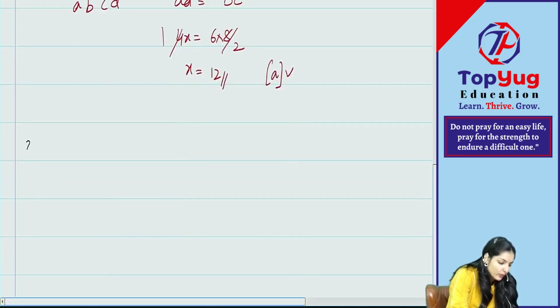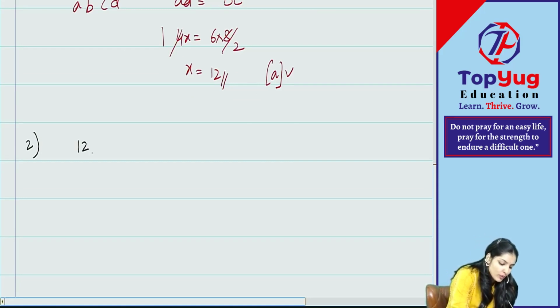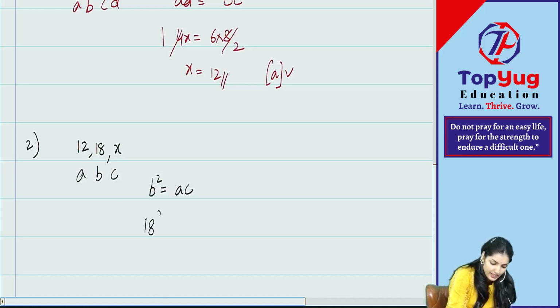Now the second one. The third proportion to 12, 18. So 12, 18, x. We know third proportion means A, B, C, so B square is equal to AC. 18 square is equal to 12 into x.